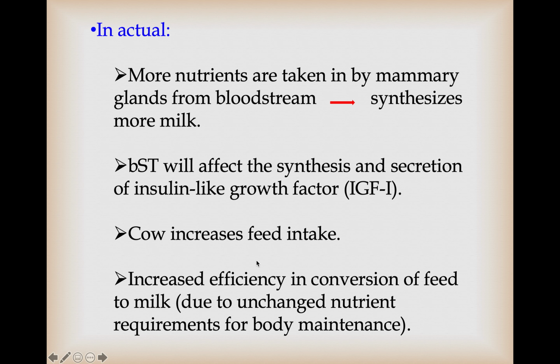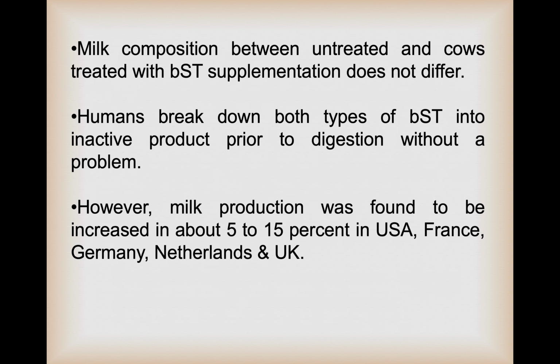So more or less, I would summarize it as a successful method to increase milk production. Milk composition between cows treated and untreated with bST supplementation does not differ, but the yield differs. The ones treated with bST have an increase in milk production or yield.